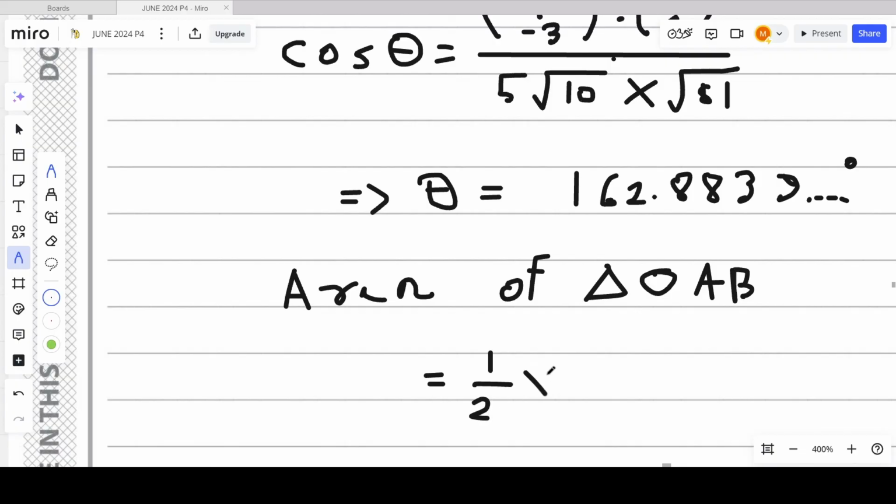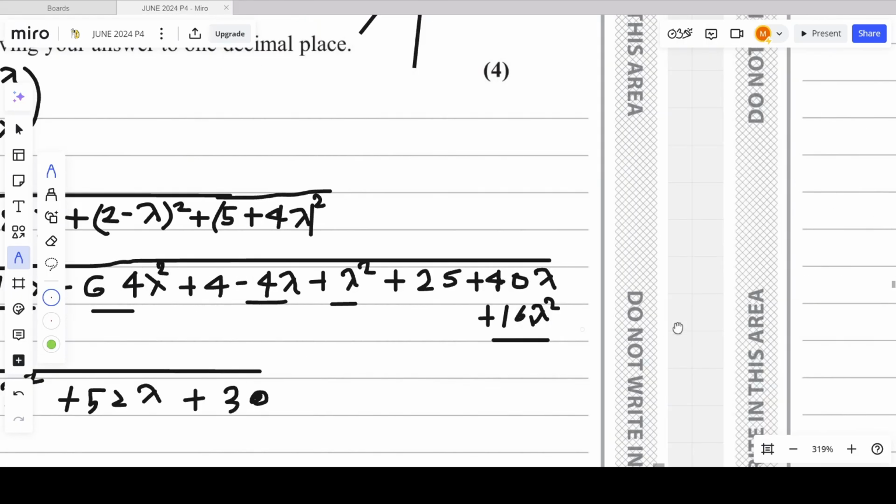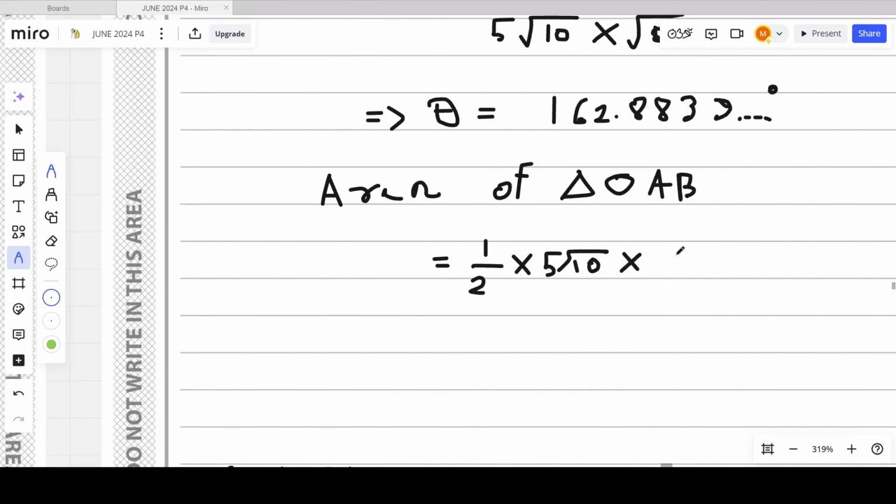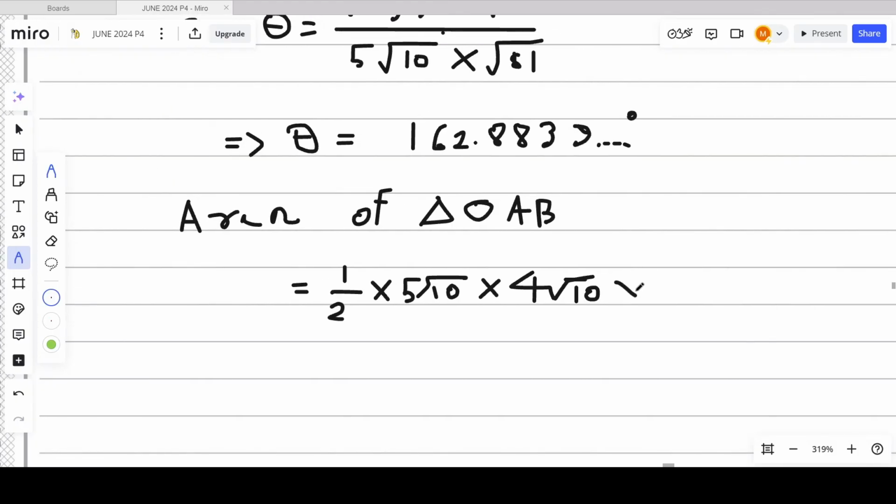At first OA is 5 square root of 10, times the length of OB, which is given as 4 square root of 10, and then the value of sin theta.